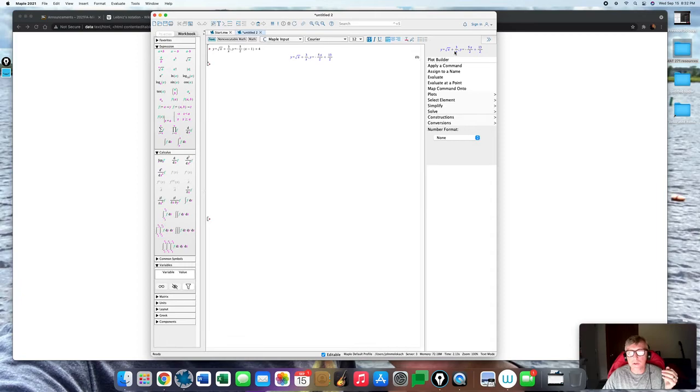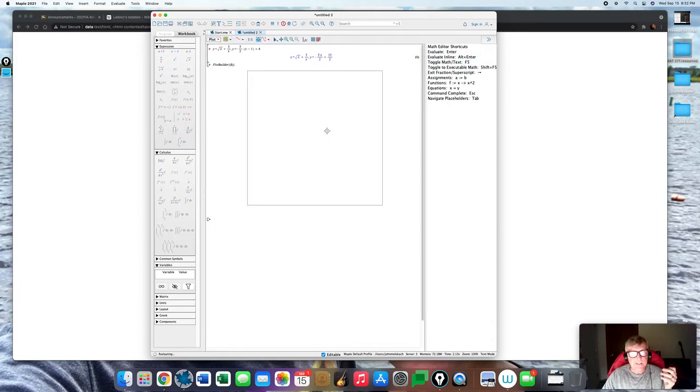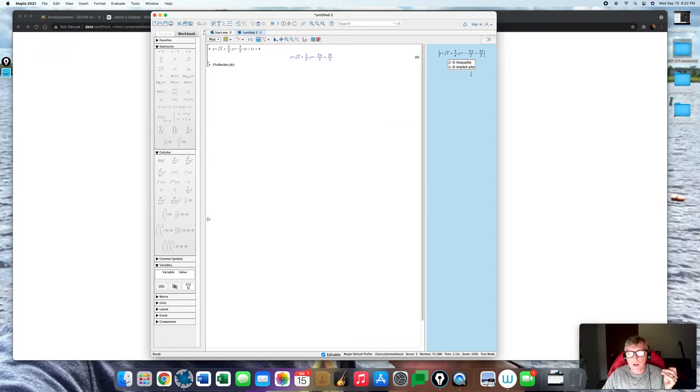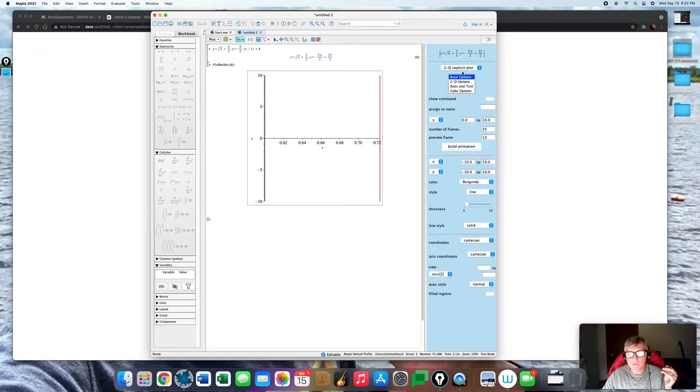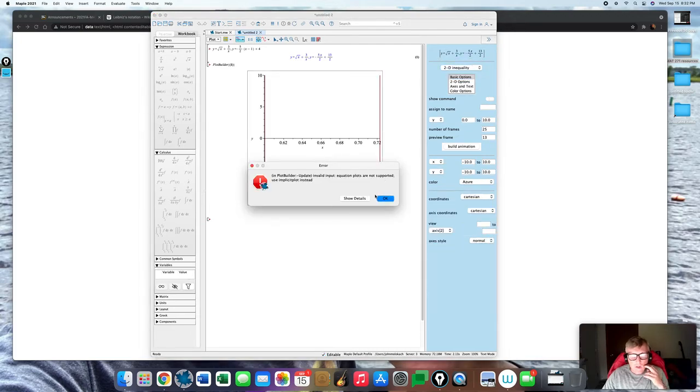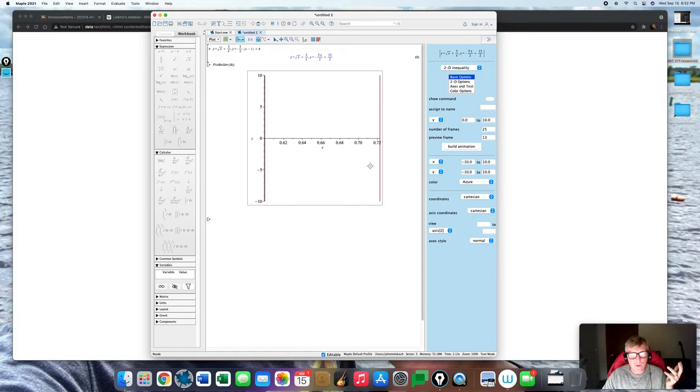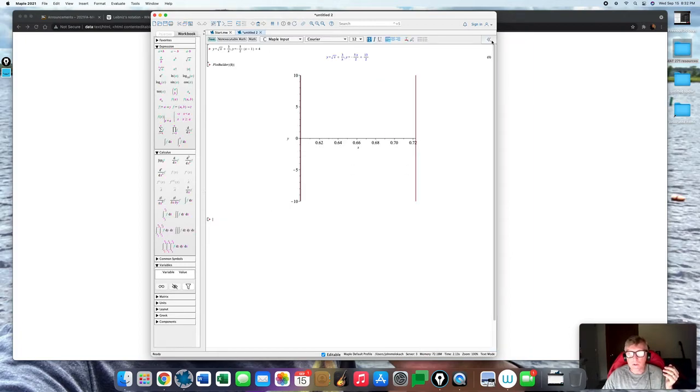And I'm going to do the plot builder. There's a couple of things I can do. Implicit plot, or I can do inequality, but it doesn't look too good, right? So I'm just going to escape out of this.